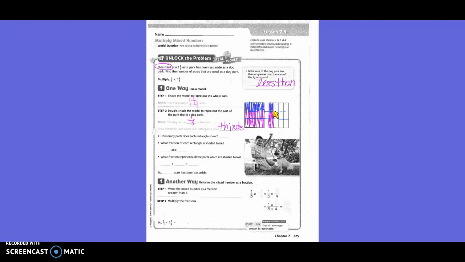So how many parts did we break each of those rectangles into overall? 12, right? Because there's 3 going this way and there's 4 going that way. So we broke it into 12 parts. What fraction of each rectangle is shaded twice?